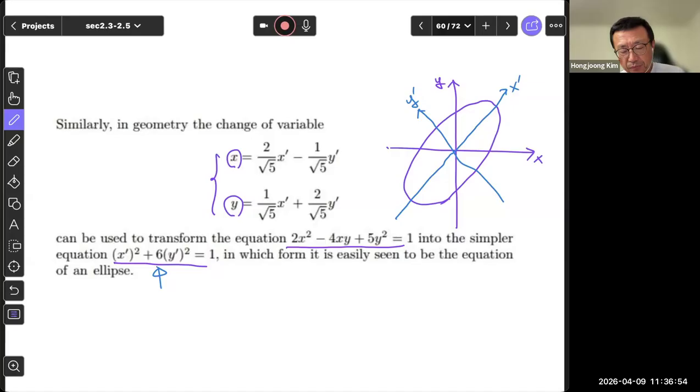So this change of variable appears quite often in several fields of mathematics: calculus, geometry, sometimes differential equations, right? And if you came from engineering, probably the situation will be the same, right?